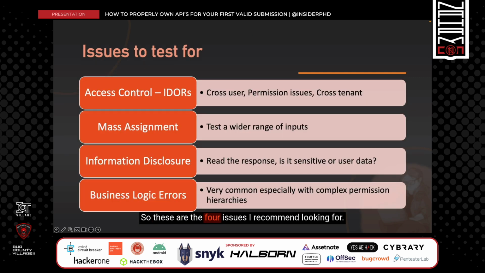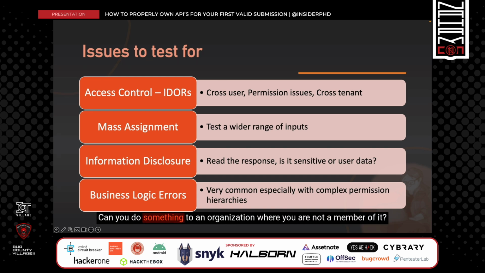So these are the 4 issues I recommend looking for. So first is access control, IDORs, BOLAs, both, whatever you want to call them. Broken authorization issues. So whether that is cross-user permission issues or cross-tenant, so can you do something to somebody else's account?